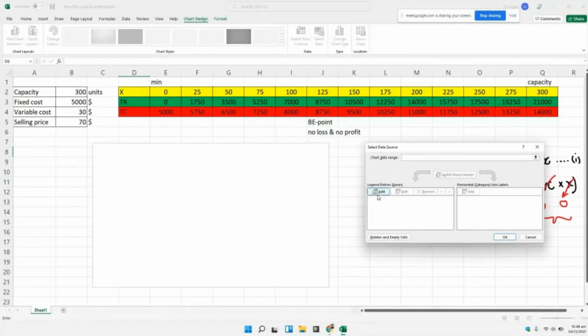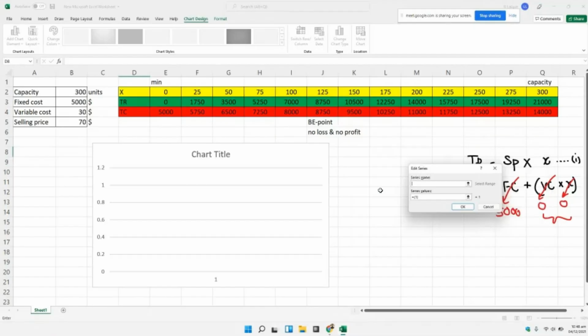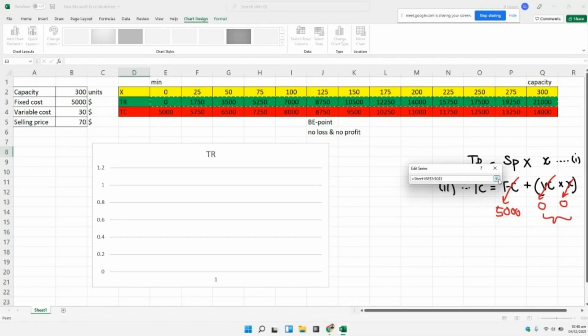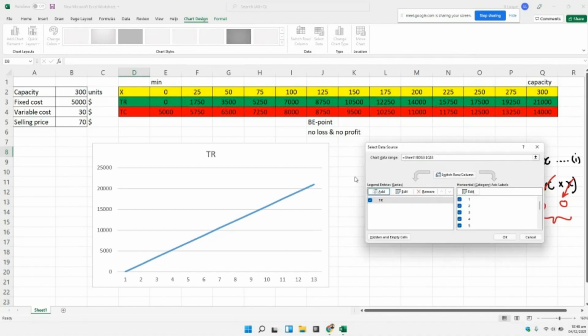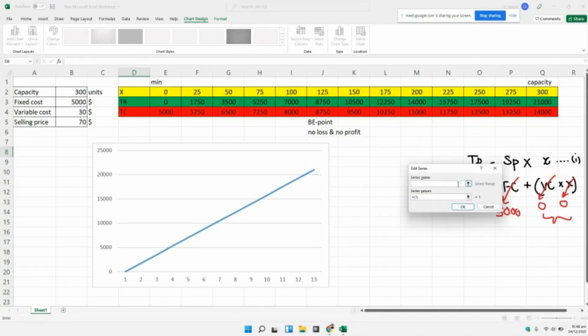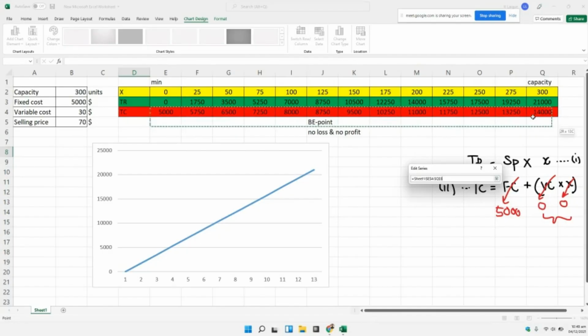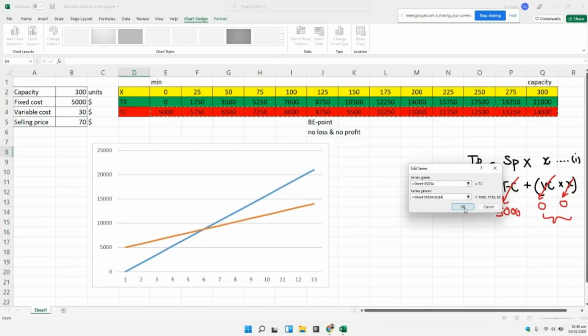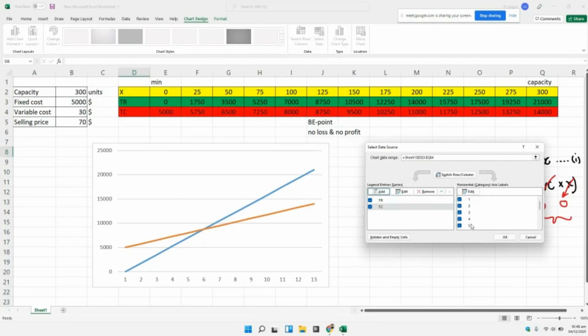I'm going to add one of them, and in the series name I'm going to take total revenue and its corresponding values like this, and press OK. Similarly for the next one, I'm going to give the title total cost and take its values that range from 5,000 till 14,000 right here. Okay, and click OK.